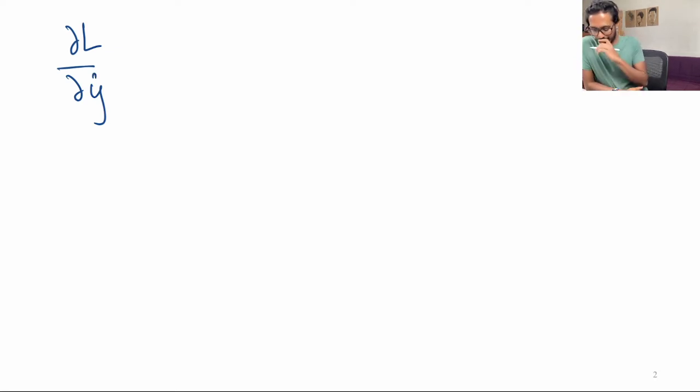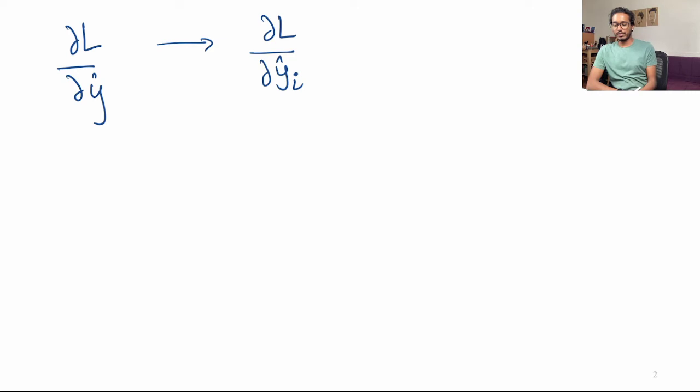In order to calculate this, first let us consider delta L over delta y hat_i, or to make this a bit clearer, let's call this y hat_j. We are interested in finding the derivative with respect to just one element of that prediction vector. All right, so let's see.